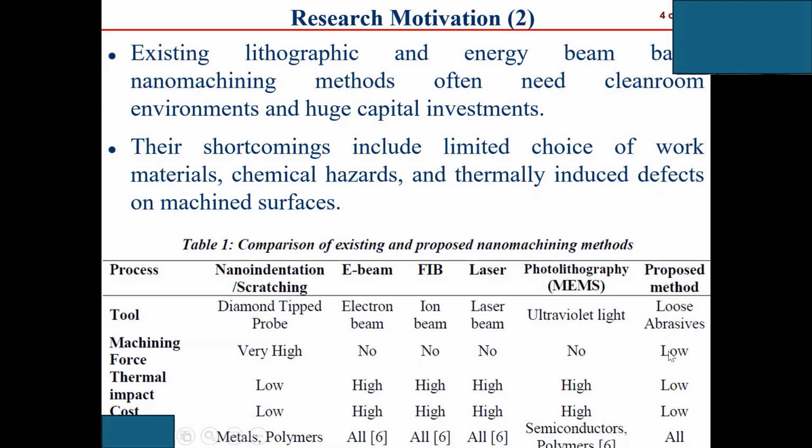We don't have machining force. The thermal impact is very low because we do not have very high temperature. No heat is involved. The cost is low. This method can be used for all materials. Definitely, you need to change the abrasives.